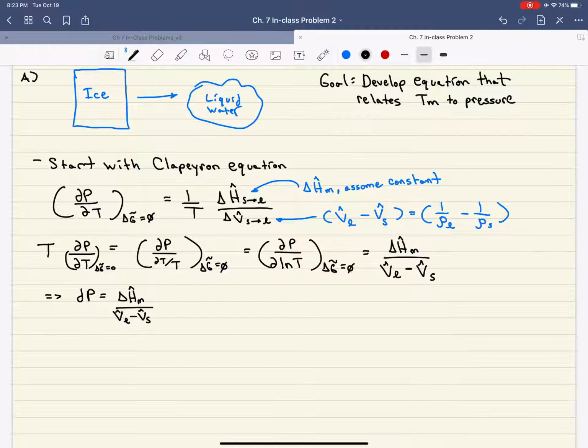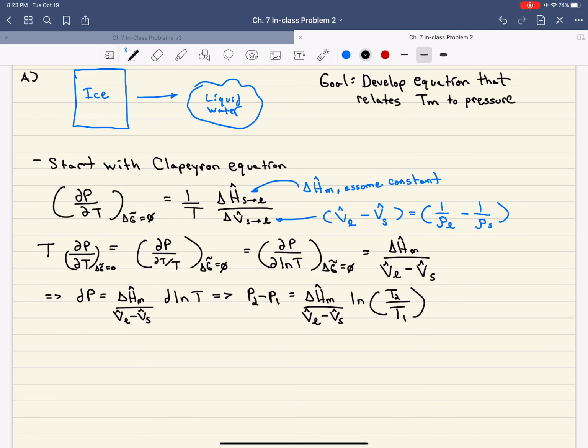And then we integrate. So we integrate the left-hand side from pressure 1 to pressure 2. These terms on the right-hand side are constant. And we're going to integrate this natural log of T from temperature 1 to temperature 2. And based on the log rules, we then end up with a natural log of T2 over T1. Okay.